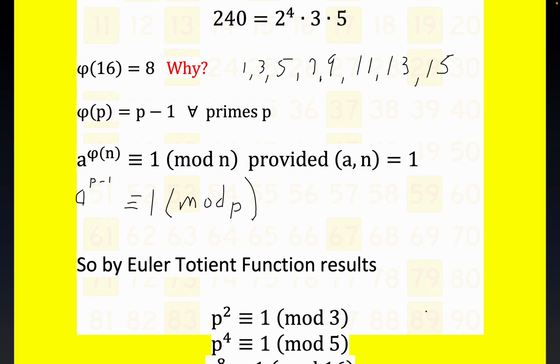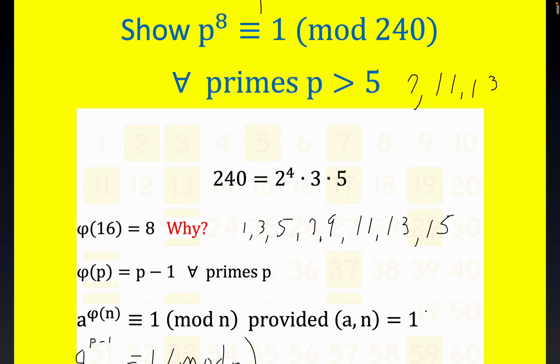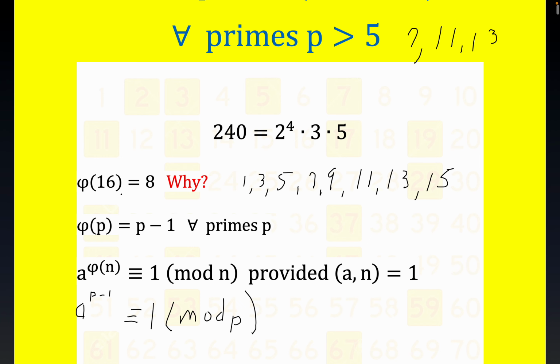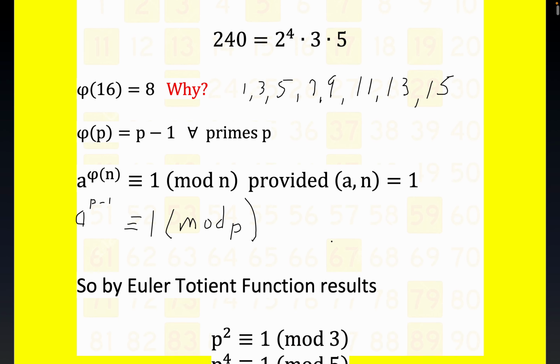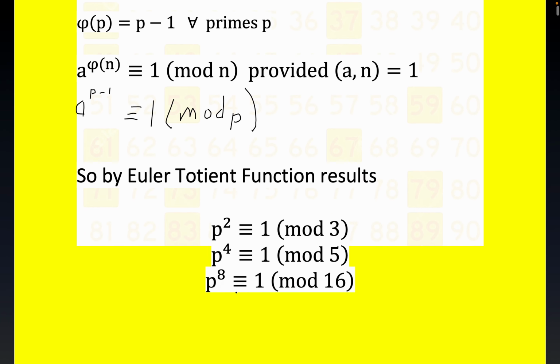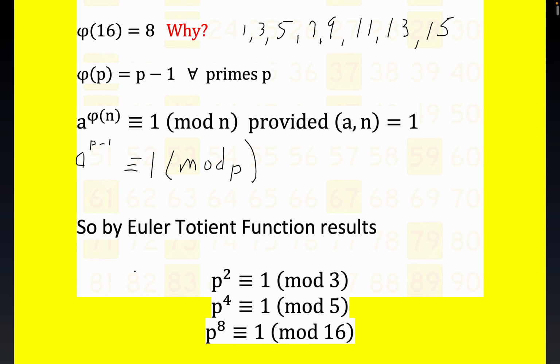And also we use the fact that we established at the very beginning that phi of 16 is 8, and so what we get is p raised to the 8th is congruent to 1 mod 16. We use this version of it for the bottom congruence.